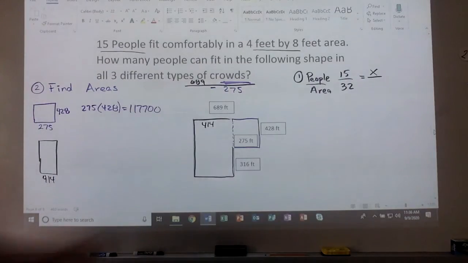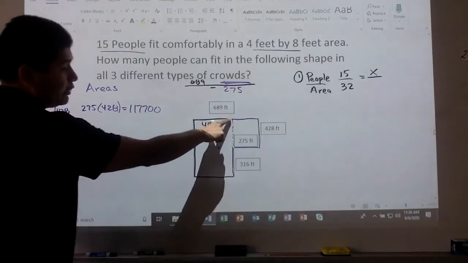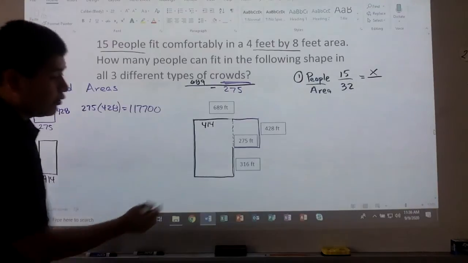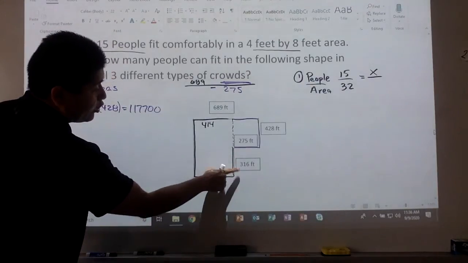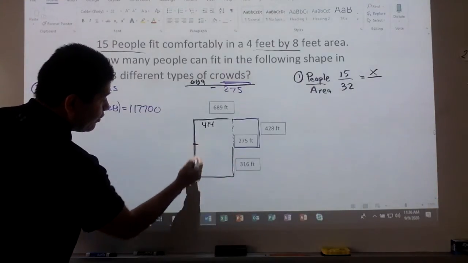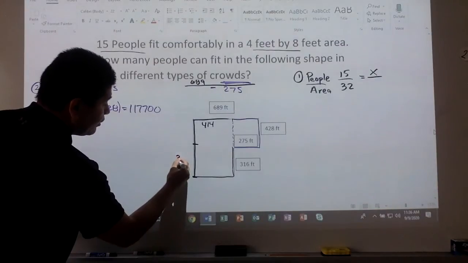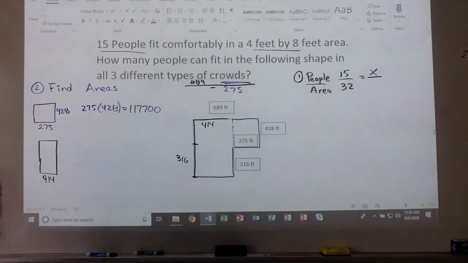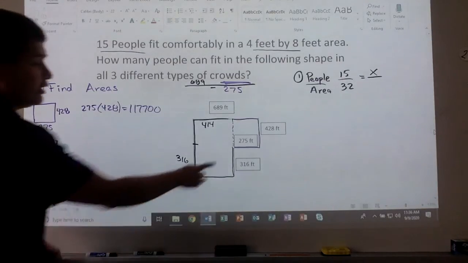Next step is to figure out one of these lines. Well, the information is there for you to use. We'll get it here, 316. Once again, we'll get it here, 316. If you pay close attention, this is for this.